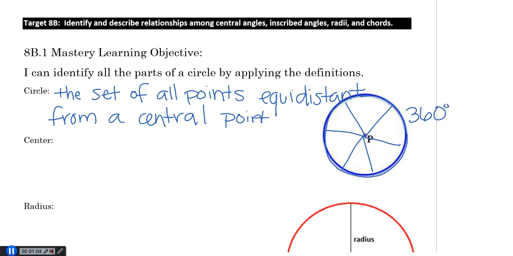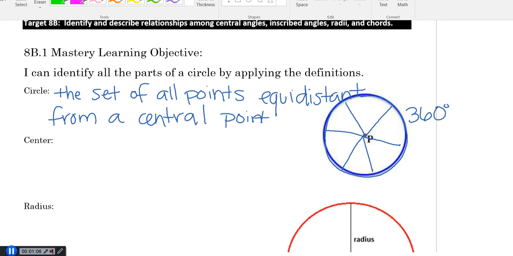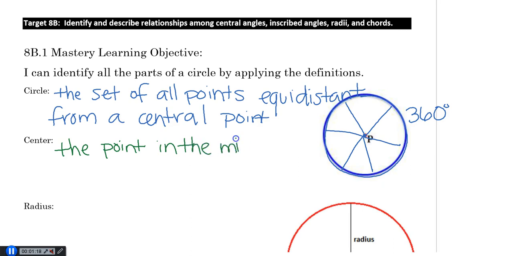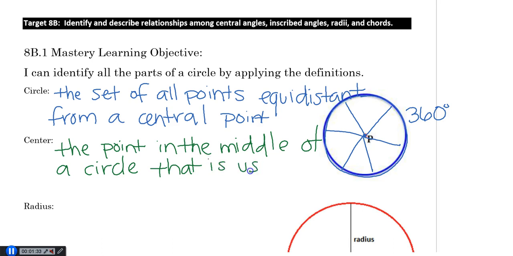Right? The center is the point in the middle of a circle that is used to name the circle.